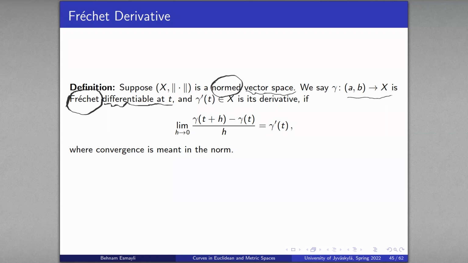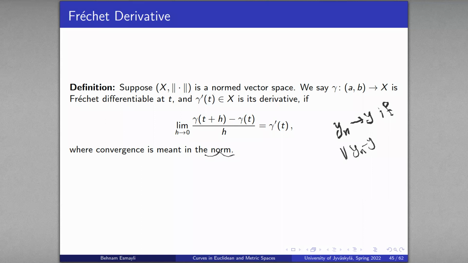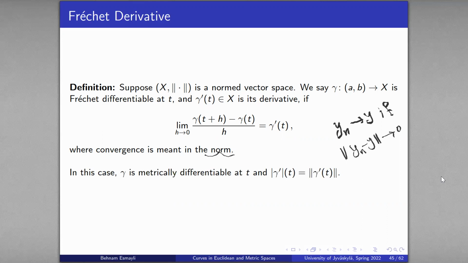We say it is Fréchet differentiable at t if there is some element in the vector space, which we denote by this, such that this difference quotient converges to that. And the convergence is in the norm, which means we say y_n converges to y if their difference norm converges to 0. So these are real numbers, and we know what it means for that to converge to 0. So that's just the definition.